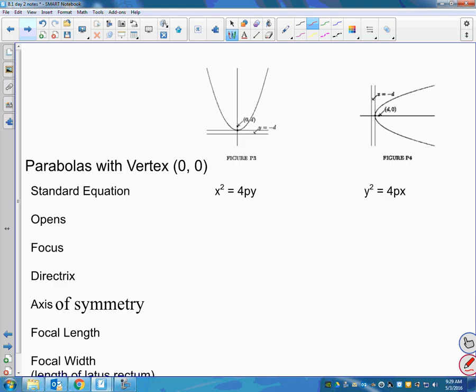And so that's step one: you have to realize which equation you're dealing with. So if x is squared, and notice there's this p value that I was talking to you about, I'll write that out in a minute, but p is going to be our distance from our vertex to our focus, or from our vertex to our directrix. So this one is going to open up or down. How do you think you'll be able to tell if it opens down instead of up?